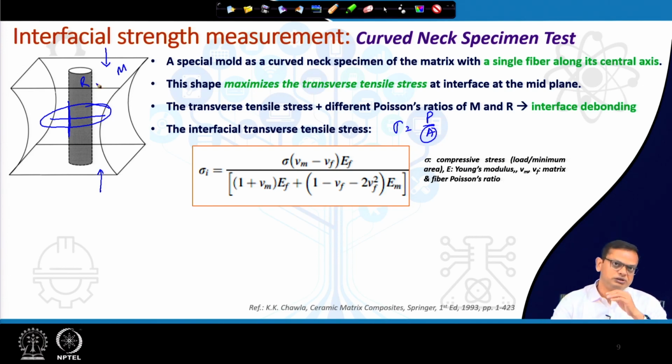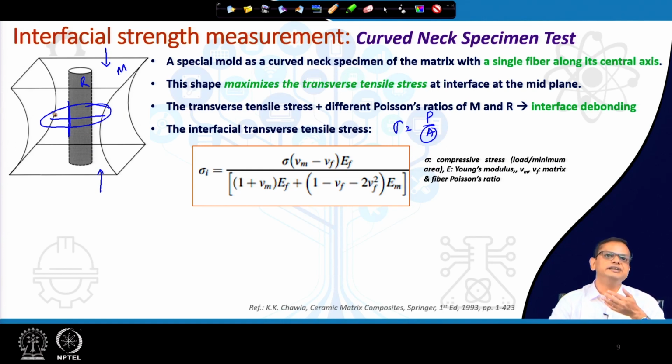So, I would monitor the surface, the interface here, and at a particular load I would see delamination taking place, just by observation, and that load would be used to calculate the sigma value. But now obviously there are different advanced techniques.